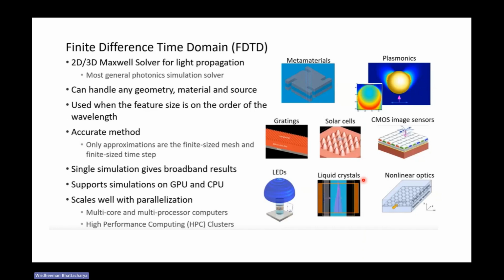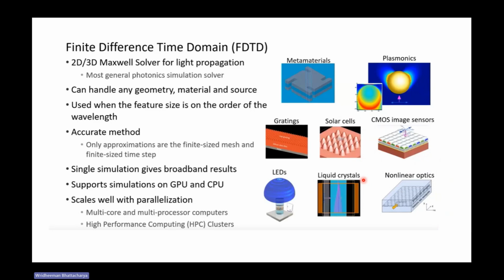It can handle any geometry and material and sources, and it is used when the feature size is of the order of the wavelength. So when the feature size gets around the wavelength of the source which you are shining upon, the FDTD works most efficiently.